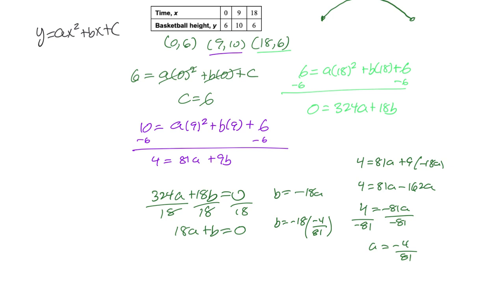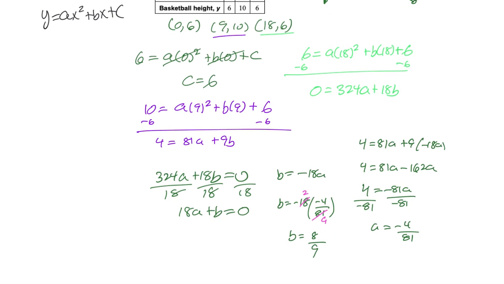I can simplify this by 9, so I get a 2 and a 9 down here. That means that b equals 8 over 9. So my equation is y equals negative 4 over 81 x squared plus 8 over 9 x plus 6.